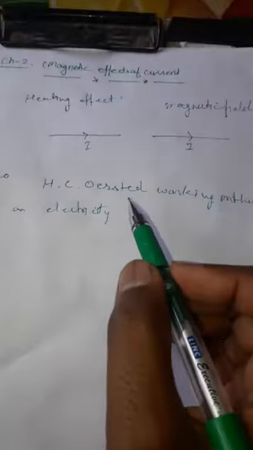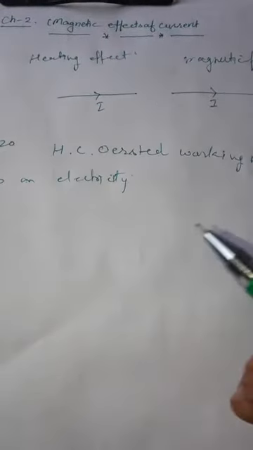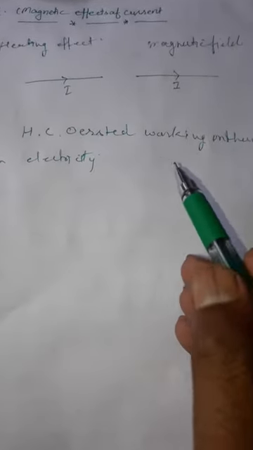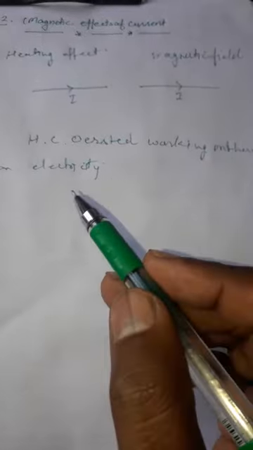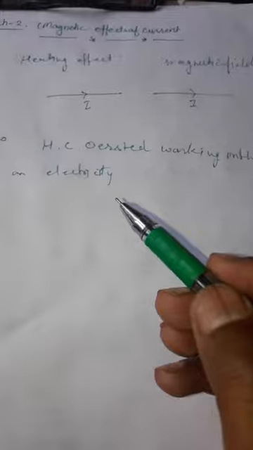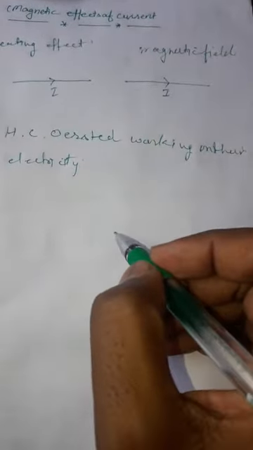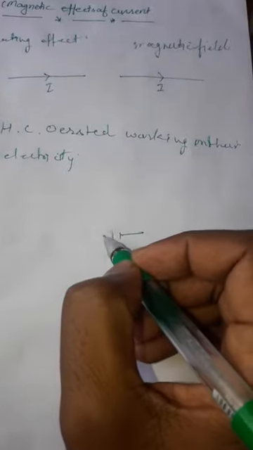Then Oersted observed that the needle of a magnetic compass placed on the demonstration table is deflected from its position when a current is passing through the circuit. Let us draw a simple circuit to understand this.